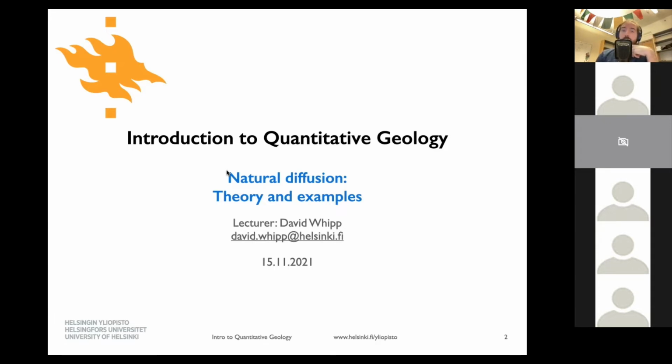So yes, we're going to talk about diffusion. The first little bit of what we'll talk about today is some theory and examples. It might not be super exciting to you at first, but this is the first equation that we're really going to take apart and explore.